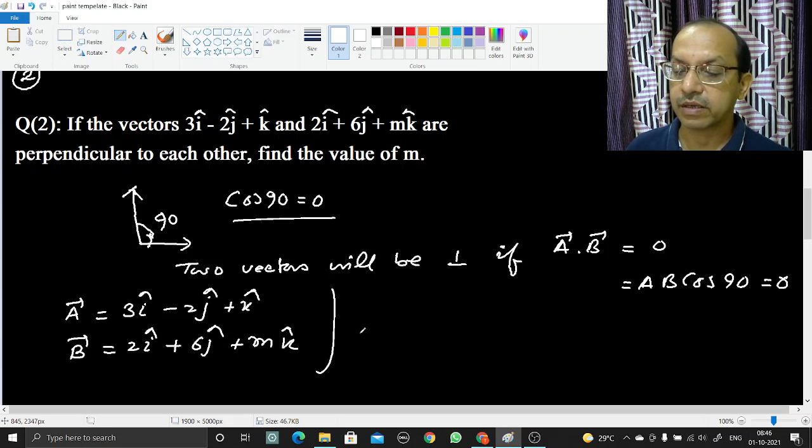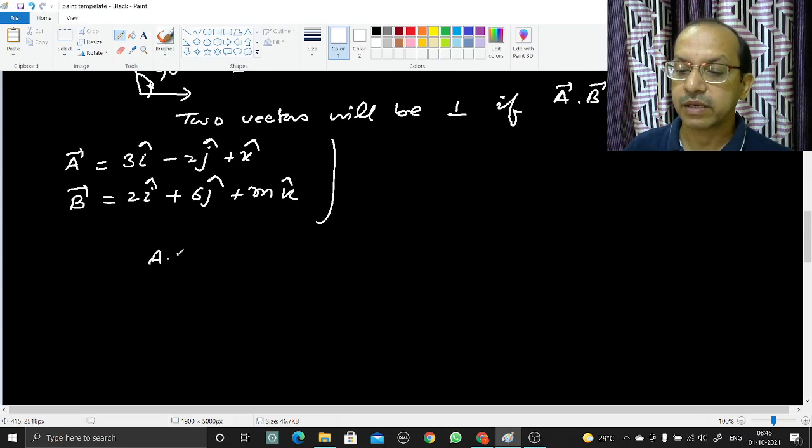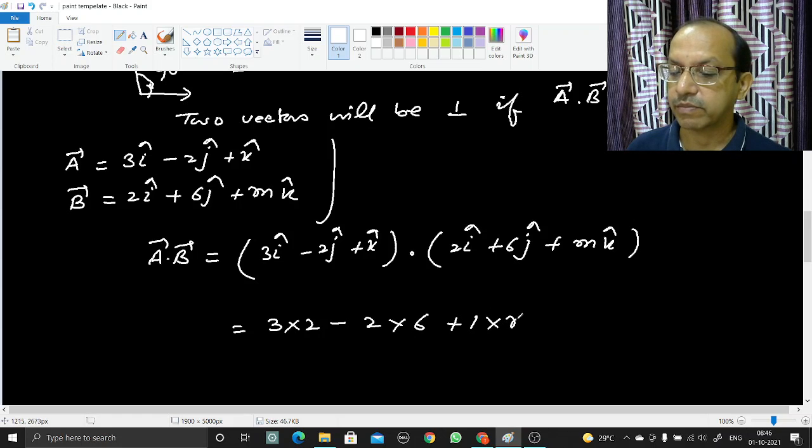So what is a dot b? i dot i will be 1, and i dot j, i dot k and the rest will be 0. That means it will be 3 into 2 minus 2 into 6 plus 1 into m.